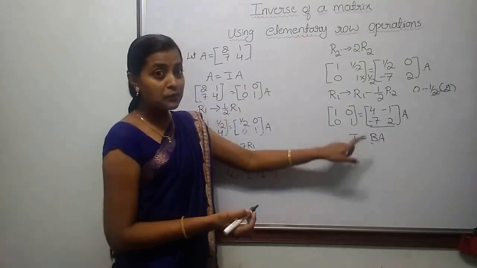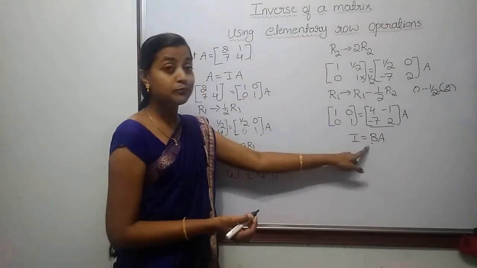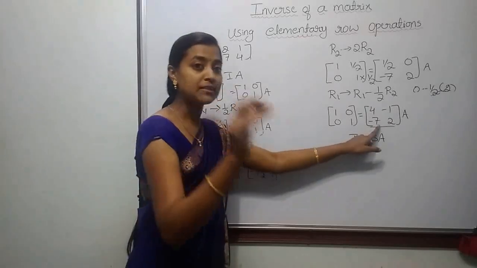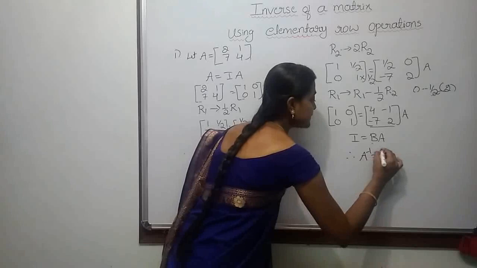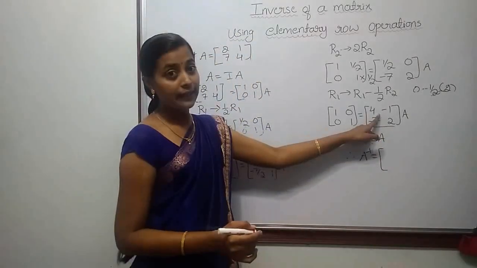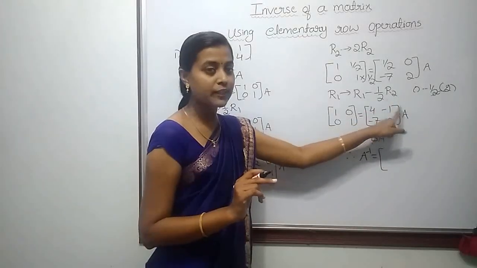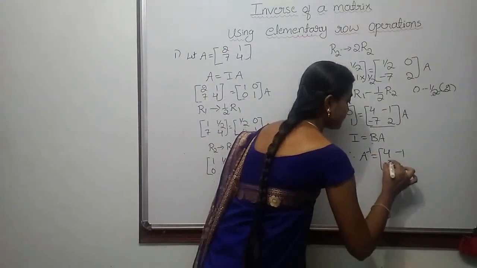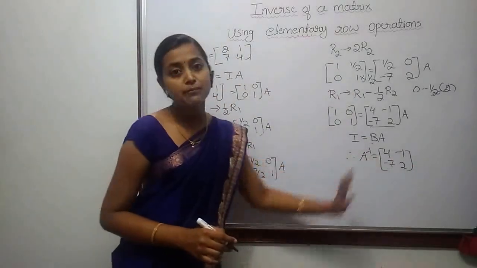Once you have reduced the equation A equal to I into A in this form, then we say matrix B is the inverse of A. Therefore, we write A inverse is equal to this matrix containing the elements 4, minus 1, minus 7, 2. We have determined the inverse of the matrix.